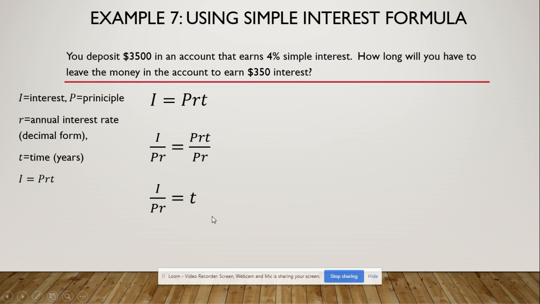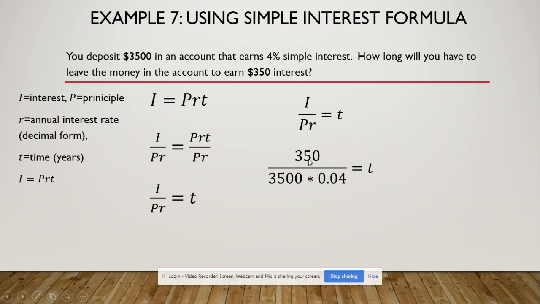Now that we've got our equation that'll tell us how much time it'll take to get that amount of interest, we're ready to substitute. So first, we've got our interest was $350. Our principal, $3,500. Our rate, 0.04. That's the 4% as a decimal.